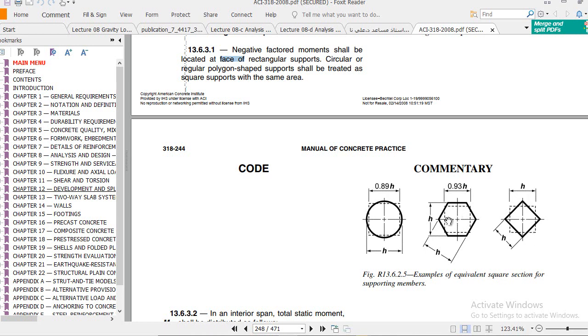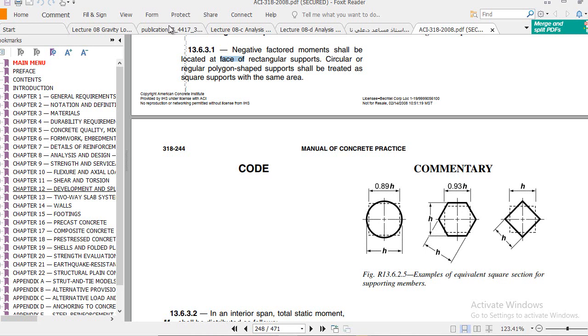If you have a polygon shape, you have to convert that polygon into a square shape by multiplying this height with 0.93. If you have a circular column, you have to convert it into a square column by multiplying the diameter of that circle with 0.89. In our case, this is a 14 by 14 inch column, so if the value you got here is, let's say, 10 inch, this distance will now be 5 inch. In our case, it is 7 inch.